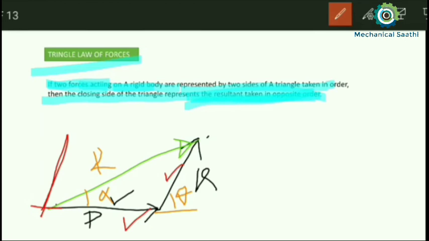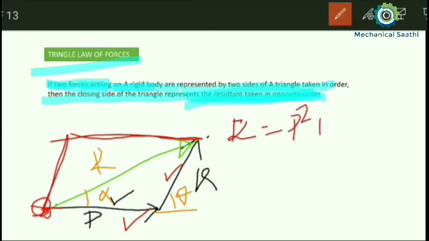So it is quite similar in this case also. The resultant is the diagonal passing through this point. In this case we have calculated that R is equal to the square root of P square plus Q square plus 2PQ cos theta.